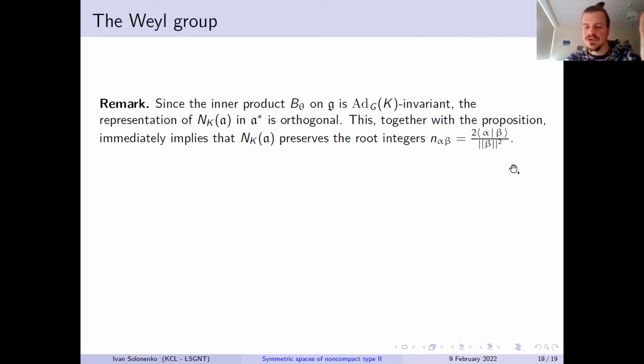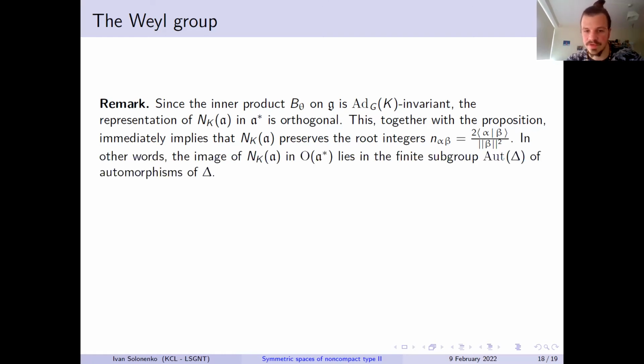So for any two roots alpha and beta, you have this integer n alpha beta defined in this way. Because the action of K is orthogonal, it preserves these numbers. But by definition, transformations of the ambient space of a root system which preserve these numbers for any pair of roots are called automorphisms of the root system.